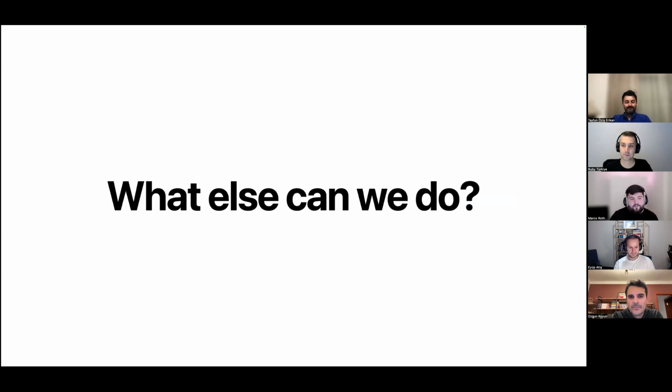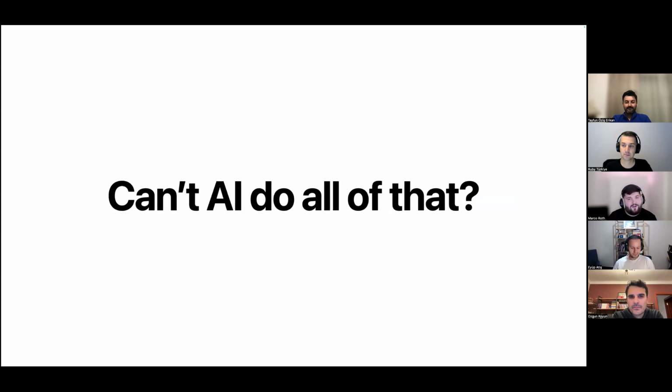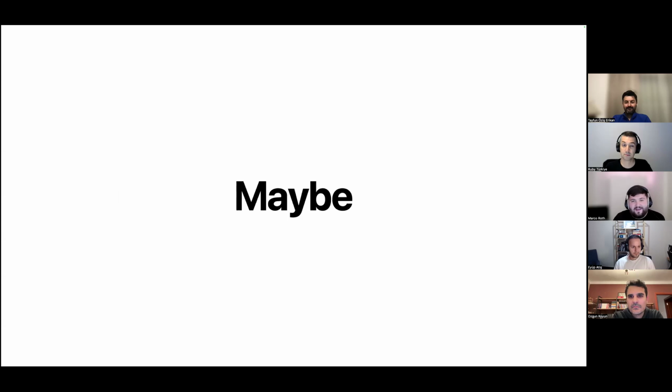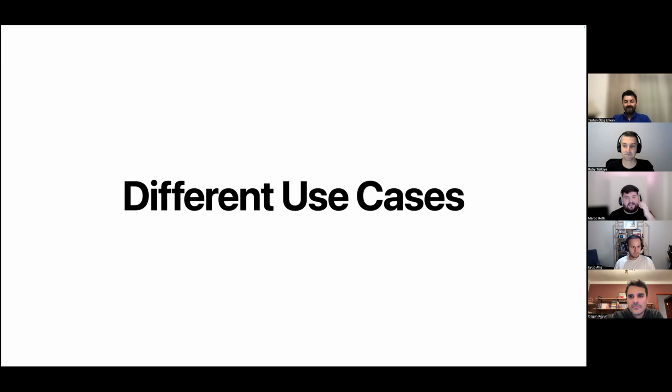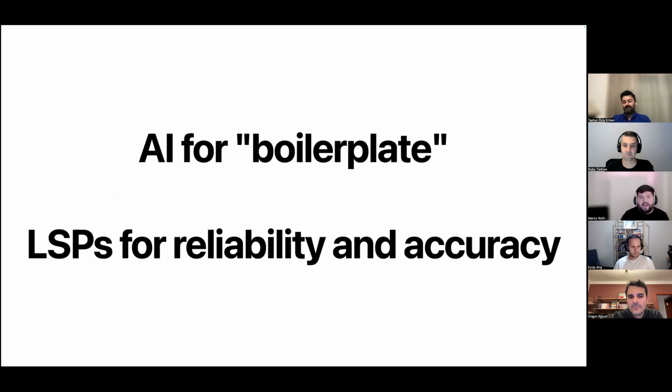So the other question here now is, can't AI do all that right now in today's day and age? And I would say maybe, but I think there are different use cases here. I feel like AI is great for boilerplate. You can generate a lot of code really quickly.